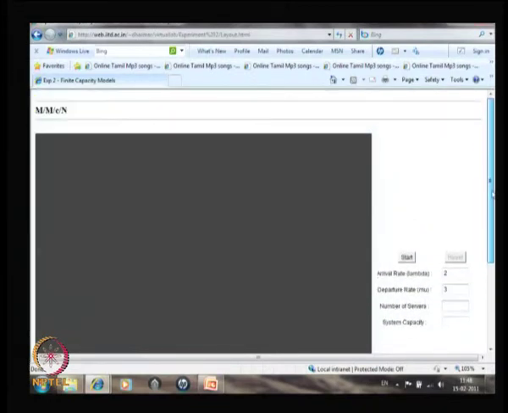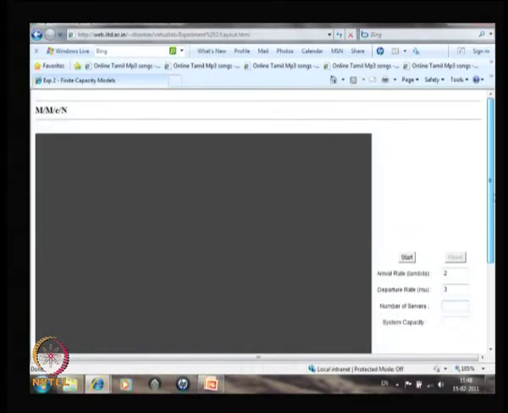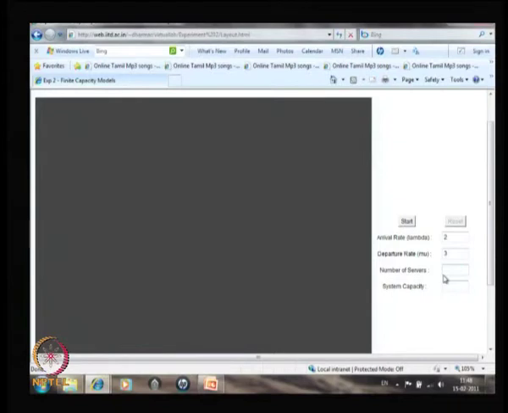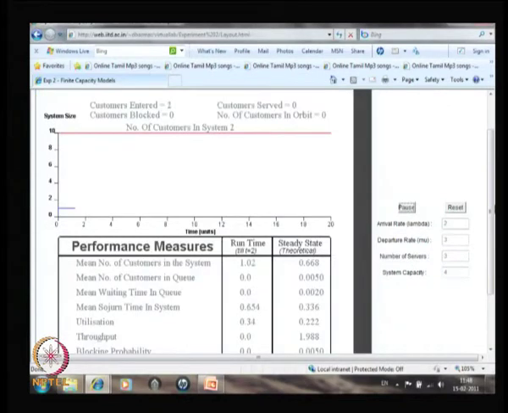You can give one server also, or infinite servers. Here, suppose you fix the number of servers at 3 and the capacity at 4, you can do the simulation.